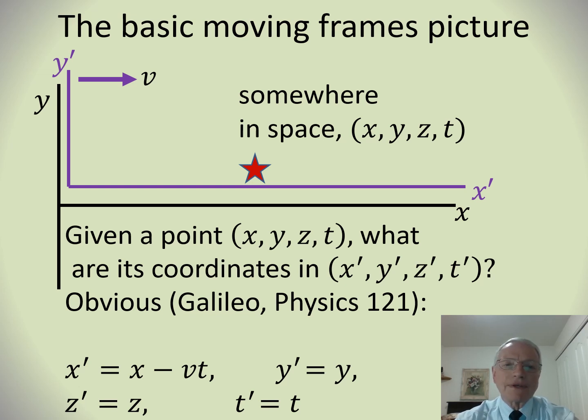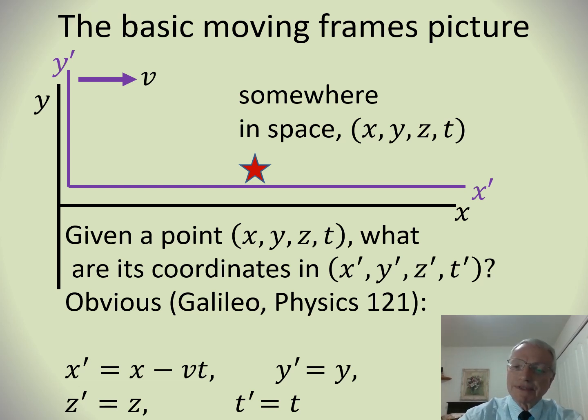If you watch that red star from a frame moving to the right at speed v, though, Galileo said, look, in that frame, because it's moving, it looks like the red star is moving in the negative x direction. And so the primed x of that red star is equal to its unprimed x, its stationary x, minus vt. The red star is observed to move to the left, and the z's and the y's and the t's are all the same. They don't change.